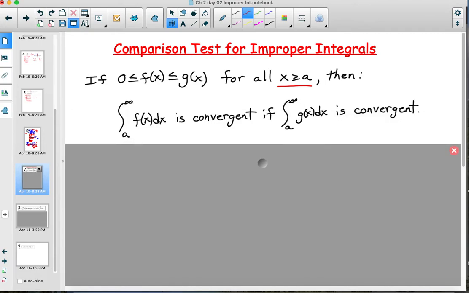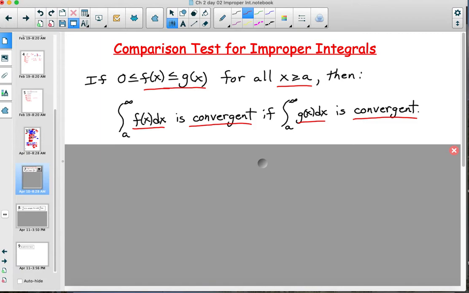Then, if we're trying to calculate the integral from a to infinity of f, and the integral from a to infinity of g converges, and g is always greater than or equal to f, then the integral from a to infinity of f also must converge.